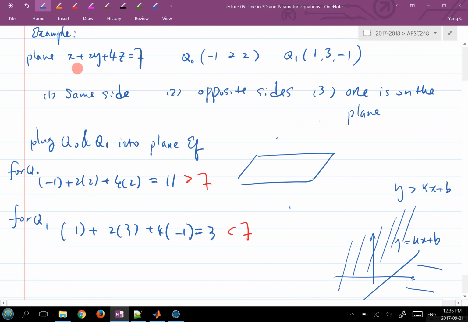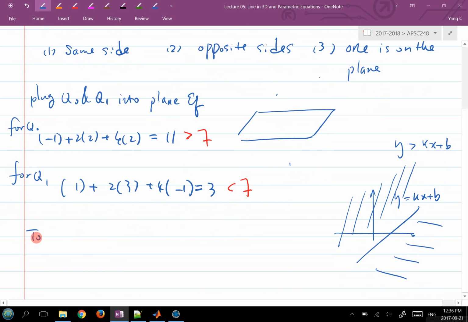The same goes for this kind of question. When you have a plane equation, the plane separates 3D space into two halves. Then the question is, how would you represent the top half of the region, and how would you represent the bottom half? For this example, the top would be x plus 2y plus 4z greater than 7.